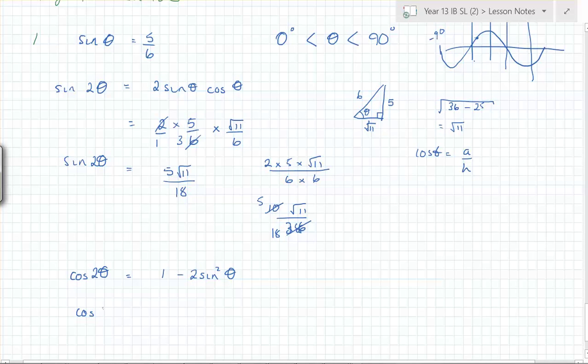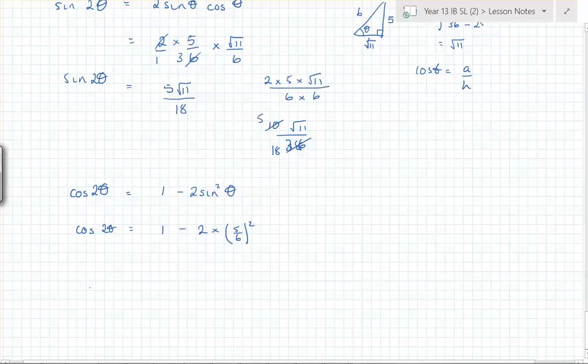So we've got cos of 2 theta is 1 minus 2 times 5 over 6 squared. So cos of 2 theta is 1 minus 2 times 25, which is 50 over 36.